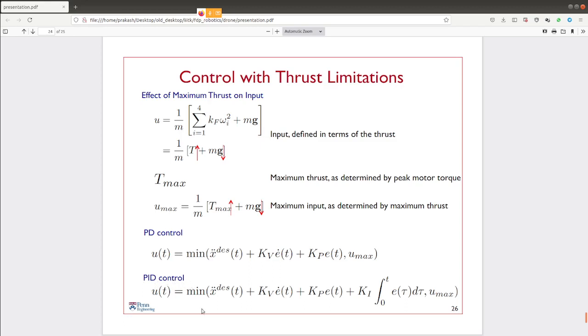The same idea I'll be using for the PID controller as well. For the PID controller I will calculate u using this equation, and also I'll compare with u max. Among these two things, whichever is minimum I'll choose that as u, and then once I choose that as u, I'll calculate what is my omega i.